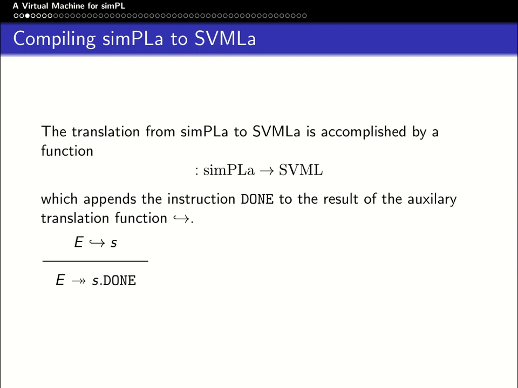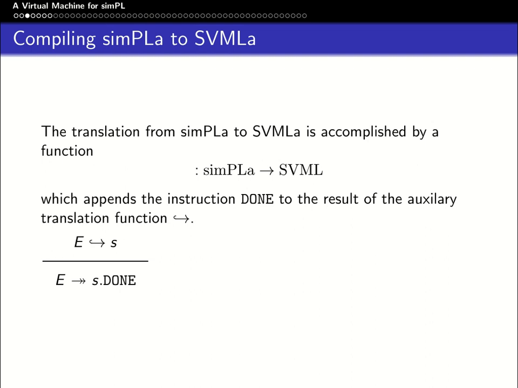In order for things to work properly for us, we actually have to consider sequences of instructions that do not have a done. So in other words, they're not complete programs. As we defined on the previous slide, all complete programs have done at the end, right? But we're going to have to operate with fragments that do not have a done at the end.